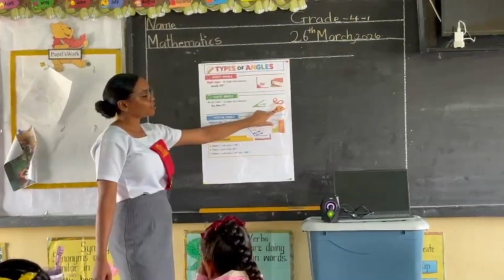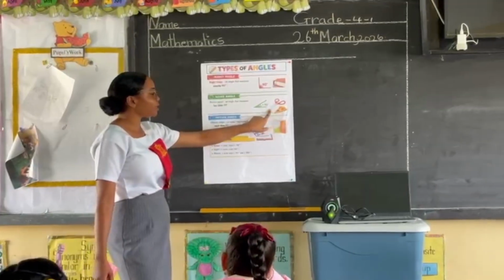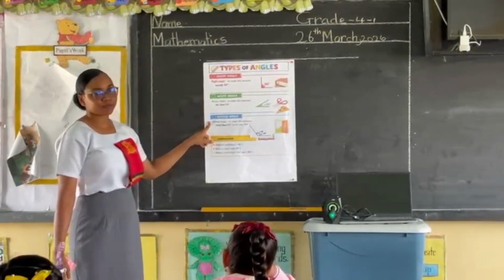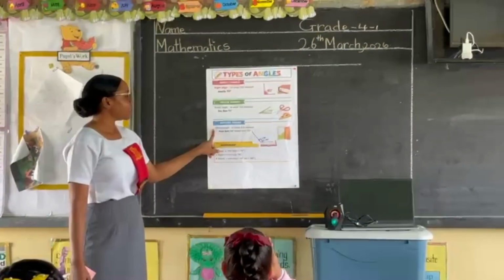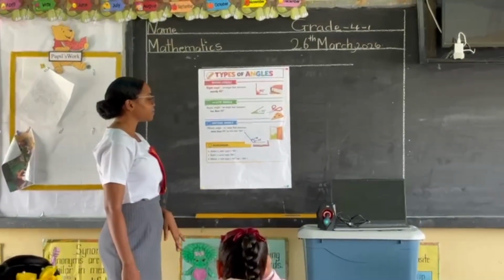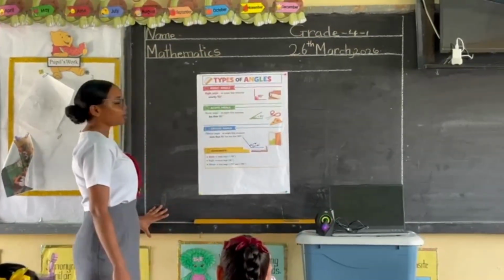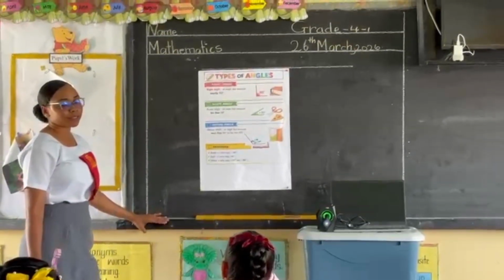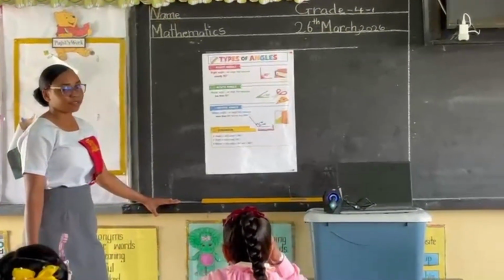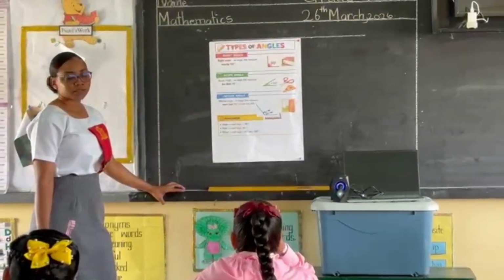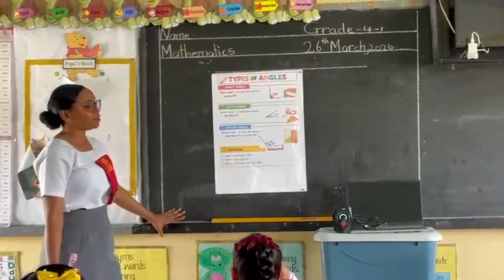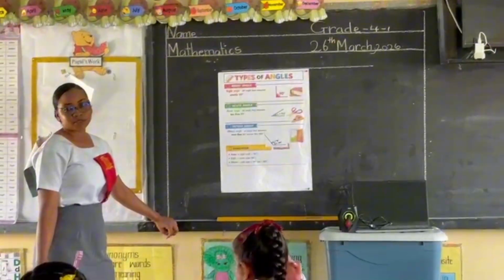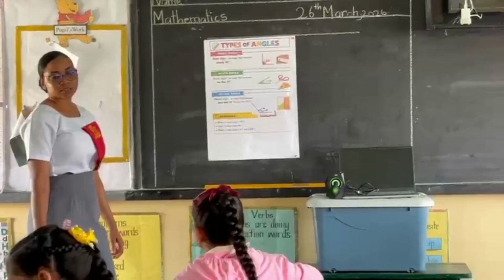And these are examples of an acute angle. What is the last one? An obtuse angle. Right? And an obtuse angle is measured more than 90, but less than how many degrees? 180 degrees, right? Please go to your activity groups.